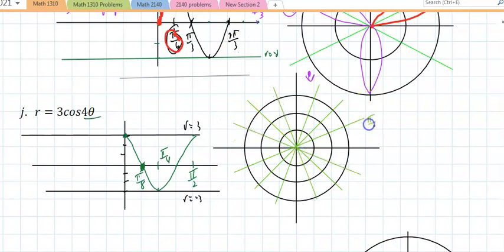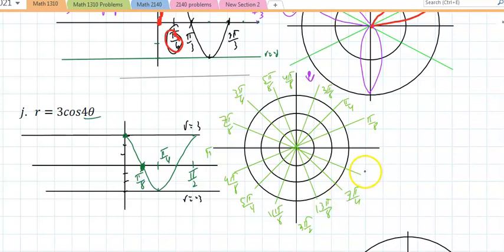This is 1 pi over 8, 2 pi over 8, 3 pi over 8, 4 pi over 8, which is pi over 2, 5 pi over 8, 6, 7, 8 pi over 8, 9, 10, 11, 12, 13, 14, 15 pi over 8, and 16 pi over 8 is 2 pi. Very good.